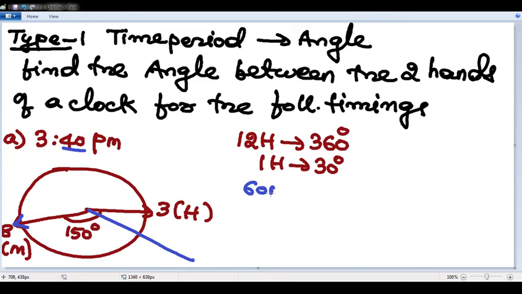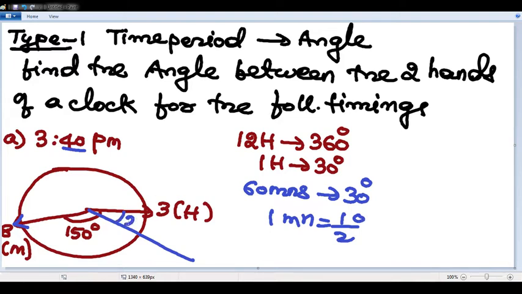Just now we saw 1 hour is 30 degrees, 60 minutes is 30 degrees, 1 minute is half a degree. In 40 minutes it will move 40 by 2, 20 degrees. Out of 150, 20 has already tilted. So the remaining angle will be 130 degrees.